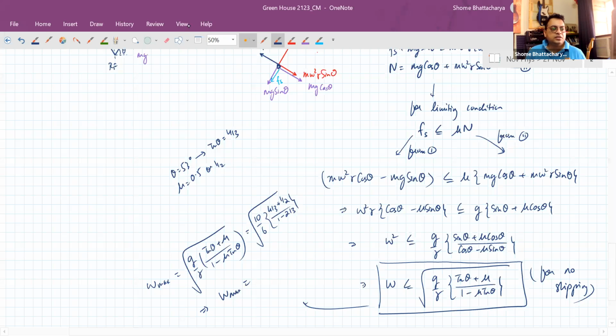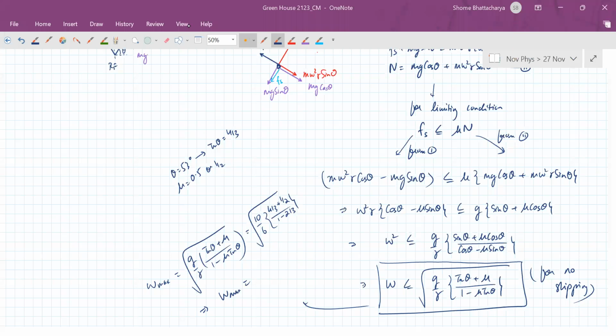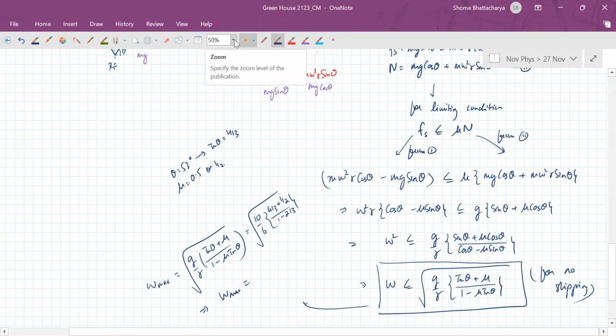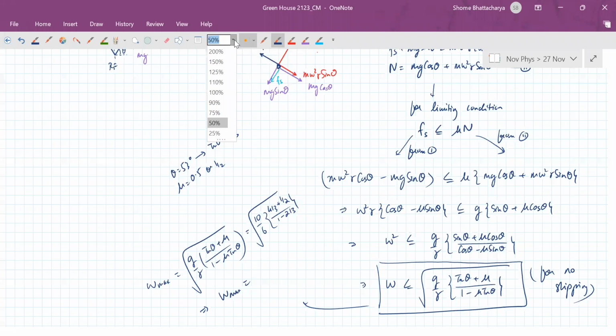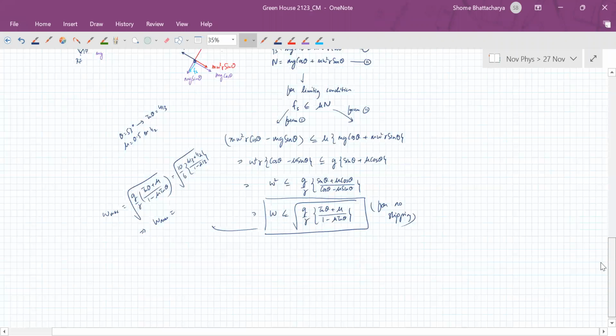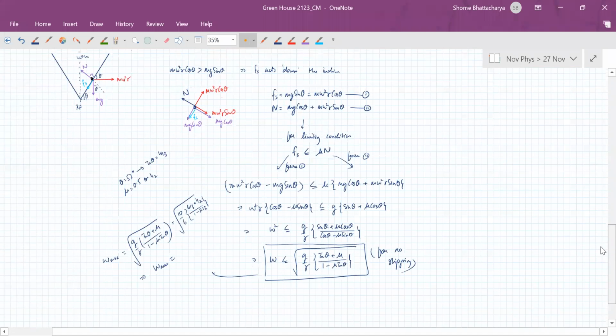And like this, you can now incorporate the second part of the question for omega minimum, where you just have to reverse the direction of friction, because now your mg sin theta component will dominate over the centrifugal force's cos component, because you're reducing the value of omega. So friction has to act the other way.